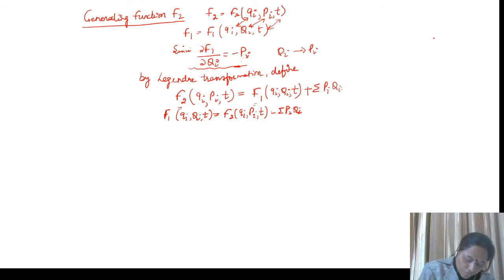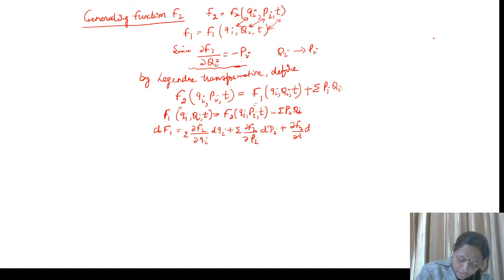So what will be df1? From here df1 is equal to delta f2 by delta qi dqi summation over i, plus delta f2 by delta Pi dPi, plus delta f2 by delta t dt, then minus summation dPi Qi minus summation Pi dQi.